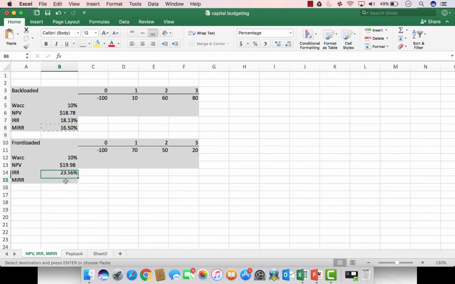I can copy this here, paste it here, and we'll see that the returns are 16.89 and 16.5, much closer instead of the big wide gap that we had before. But still, at 10% rate, we see that project front-loaded is better than project backloaded.